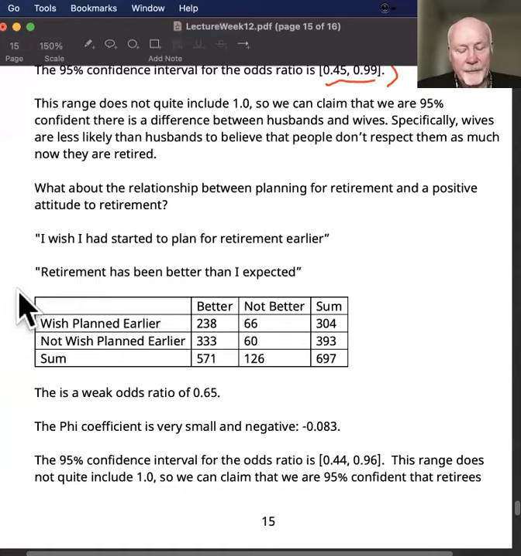So this is fairly typical, two questions. This is not about husbands and wives, this is just a relationship between two questions. There's a question about wishing you'd planned earlier for retirement, and that's going to be the independent variable. And there's a question about retirement has been better than I expected, and you can think of that as the dependent variable.